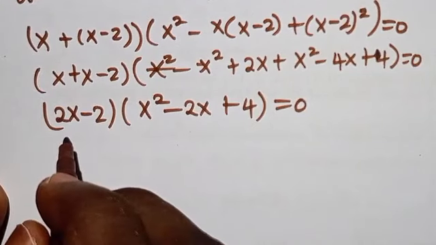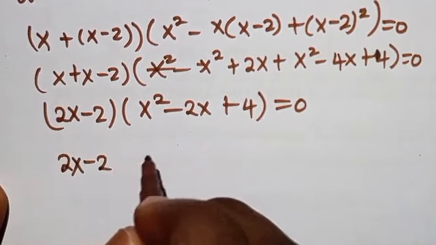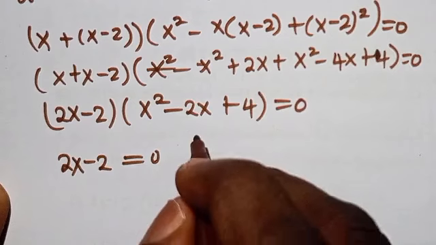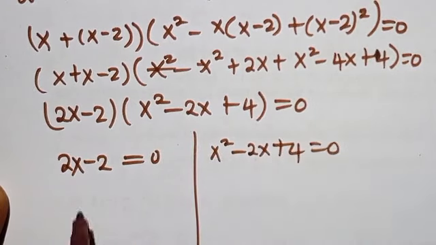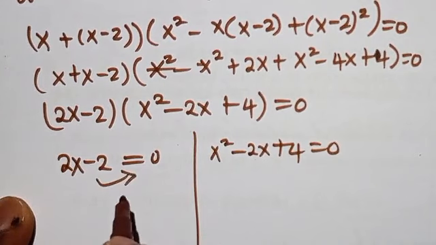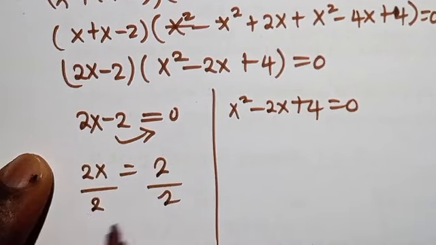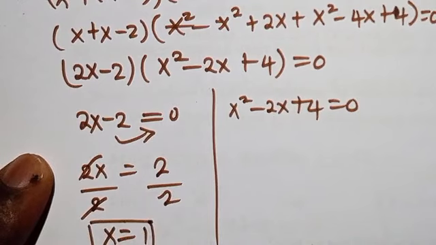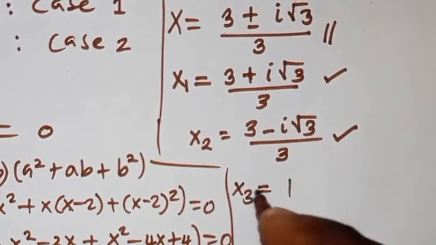So this is a zero-form equation: either 2x minus 2 equals 0, or x squared minus 2x plus 4 equals 0. Transpose to the right hand side, we have 2x equals 2. Then divide both sides by 2, we have x to be 1. So we have another solution, x equals 1. So going back to this, we have x3 to be 1.